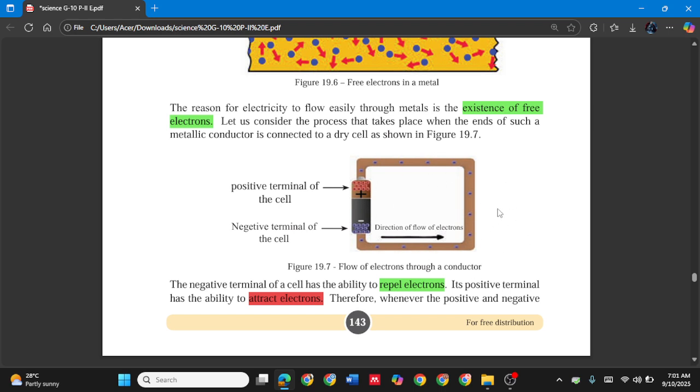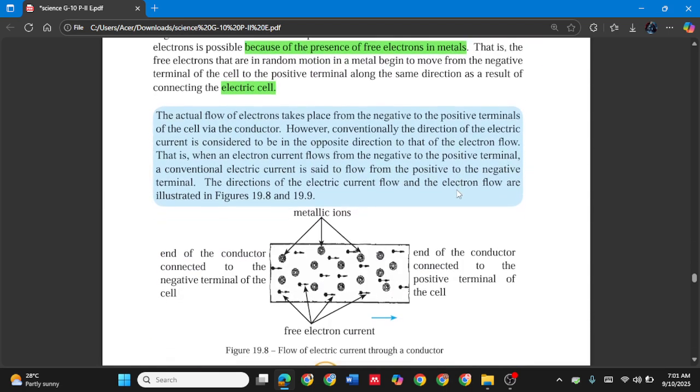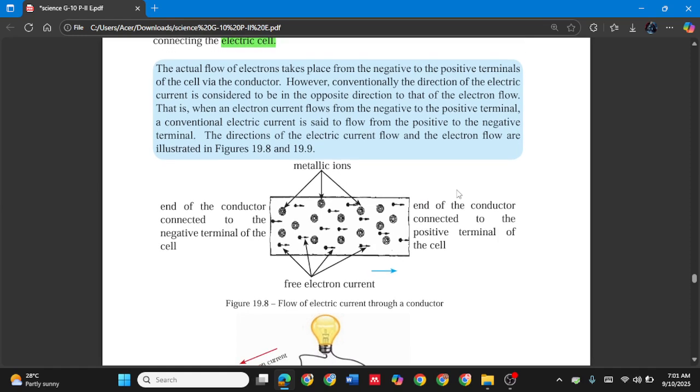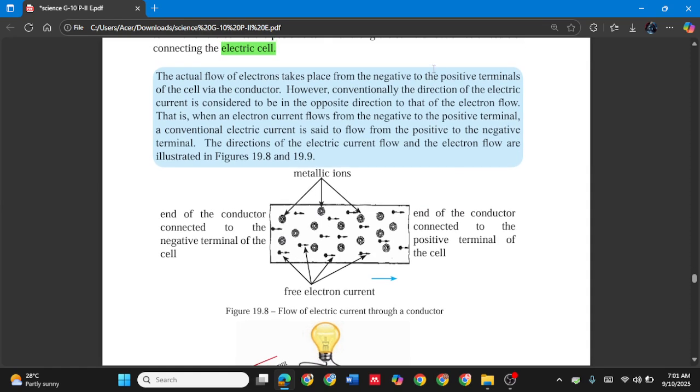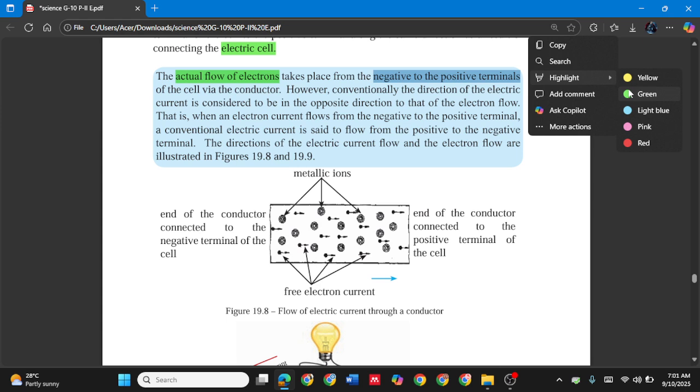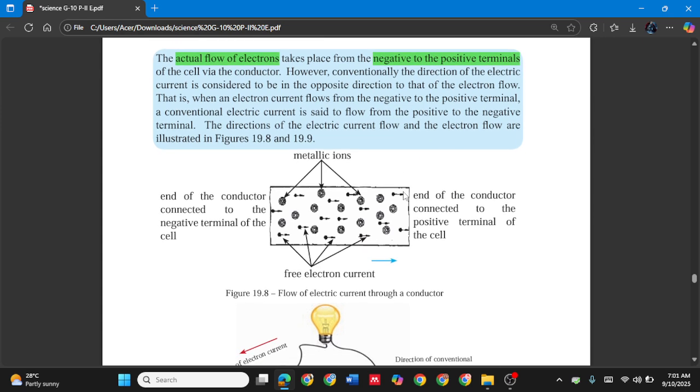මේ හරියම බල්බ් එකක් කනෙක්ට් කරොත්, ඉලෙක්ට්‍රෝන්ස් මෙහෙට යනවා, කරන්ට් එක ඒකට ඔපොසිට් සයිඩ් යනවා කියලා මම කිව්වනේ. එතකොට කරන්ට් එක යනවා කියන්නේ ඉලෙක්ට්‍රෝන ෆ්ලෝ එකක් තියෙනවා කියන්නේ, බල්බ් එක අනිවාර්යයෙන්ම ලයිට් අප් වෙනවා. Okay. The actual flow of electrons takes place from the negative to the positive terminal of the cell via the conductor.